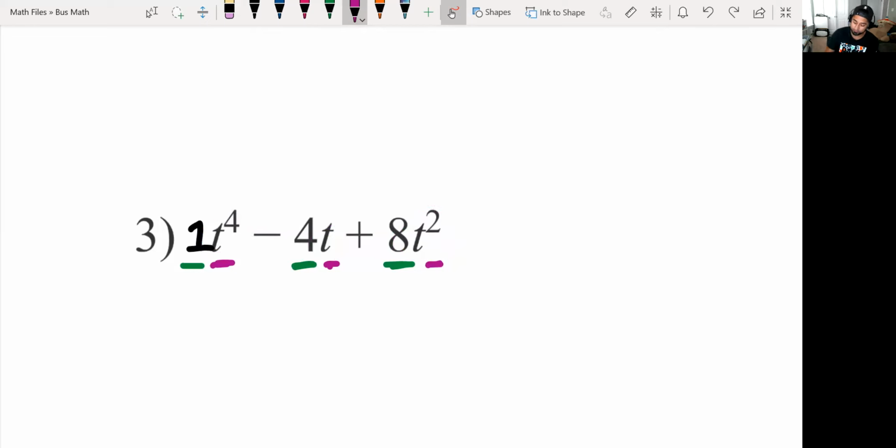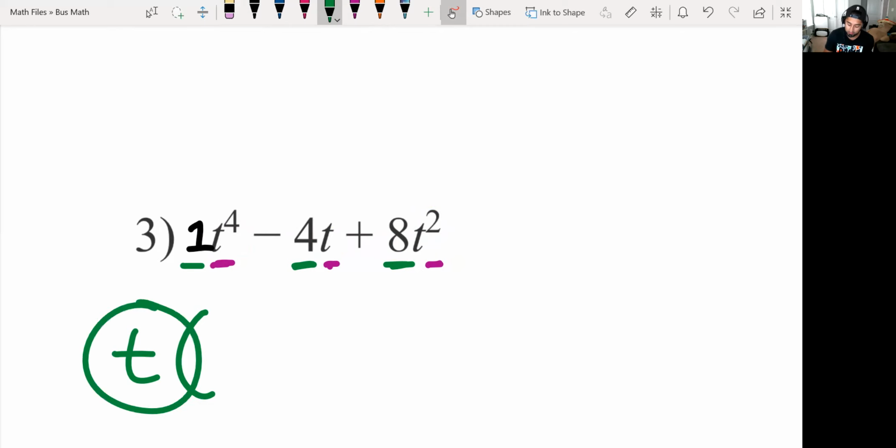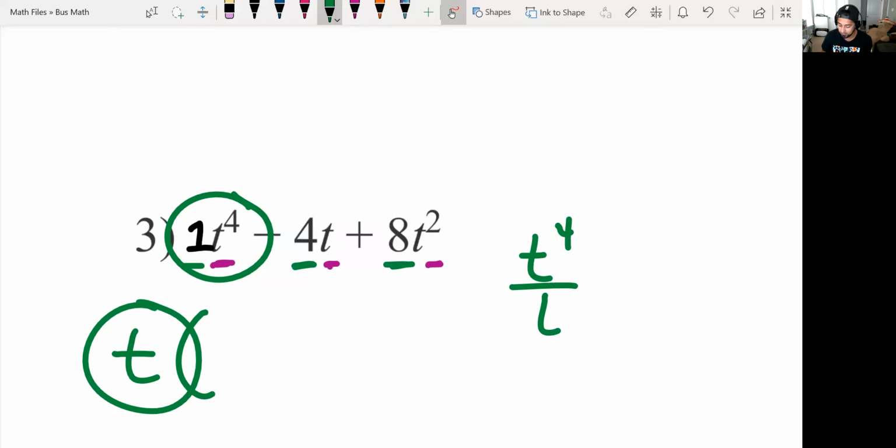So if I do that, I'll put a t on the outside, and in parentheses, we have t from t to the fourth. What that looks like is dividing t to the fourth by t, the greatest common factor that we have taken out. And that would become t cubed.